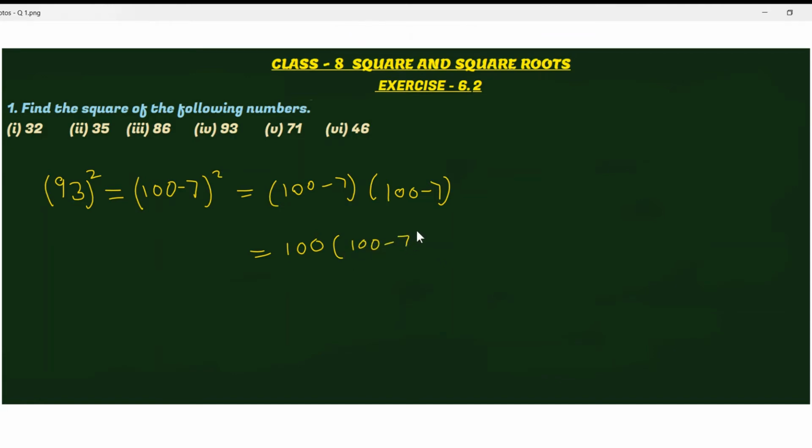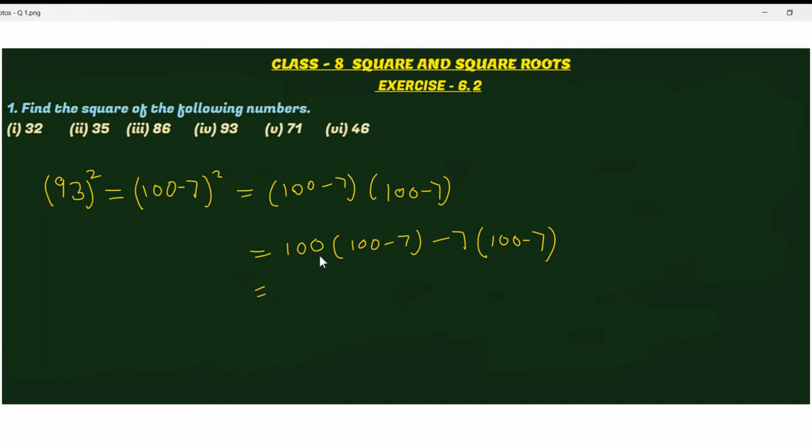Next, here it is minus 7, so write minus 7. Usually we take the term with its sign. So it is minus 7 into 100 minus 7.